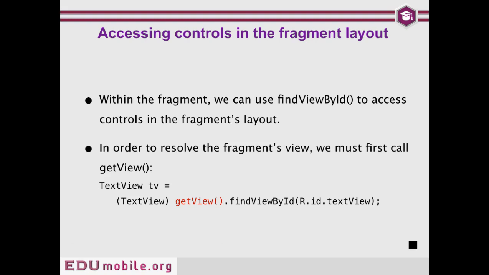And that looks like this. Suppose we have a TextView called RID text view within our fragment. We would do it the same way. We'd cast findViewById RID text view to a TextView and return that. But we need to resolve the fragment's view using getView before we can call findViewById.